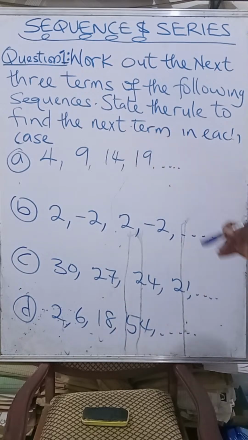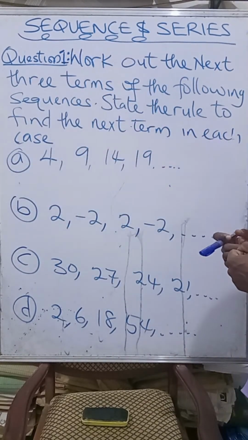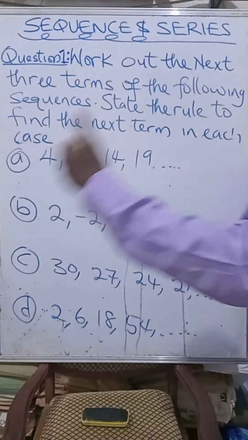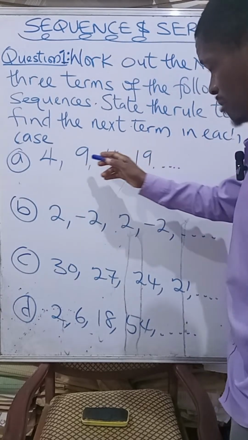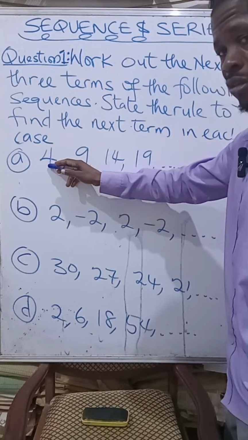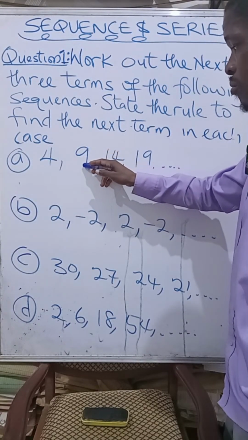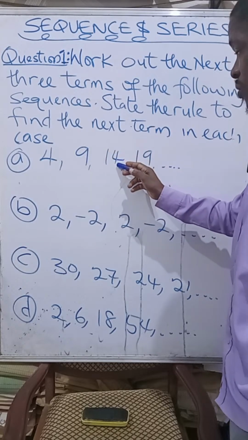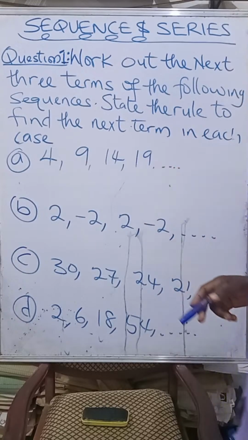Let's check the pattern. 4 to 9, from 9 to 14. So you can see that the number is increasing by what? By 5. The previous one, 4 plus 5, will give us the next value. Then the next value plus 5 again will give us the next value. The 14 also plus 5 will give us the next value.